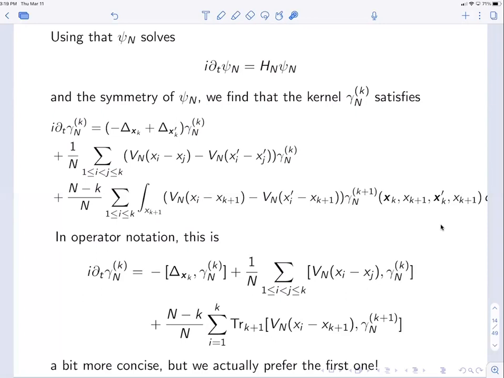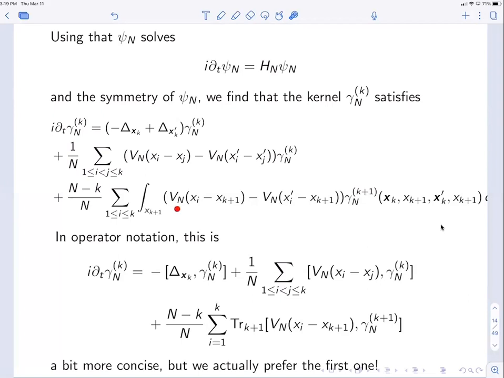But then there's also the case where both x_i and x_j are greater than k, but those disappear in the trace. And then finally, there are the cases in which i is less than or equal to k, but j is greater than k, in which case you can appeal to the symmetry of psi_N and equate all those to the case in which j is equal to k plus 1.